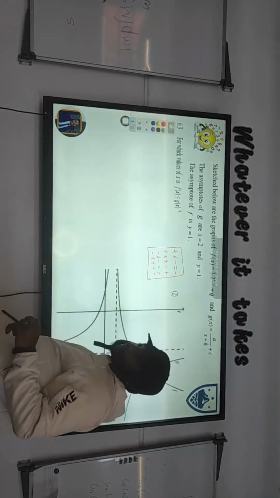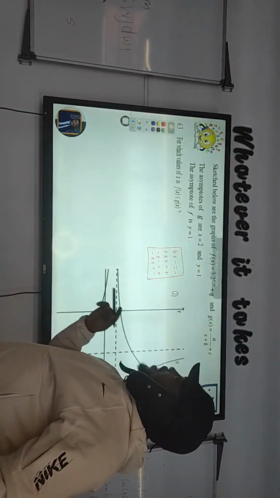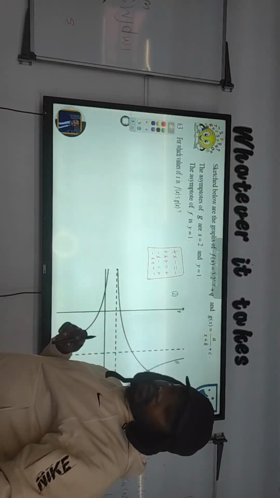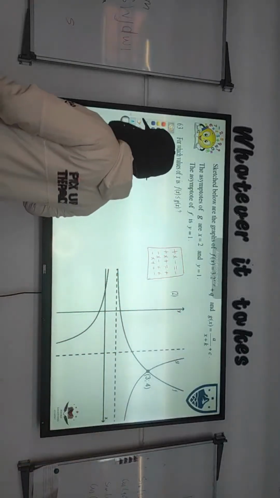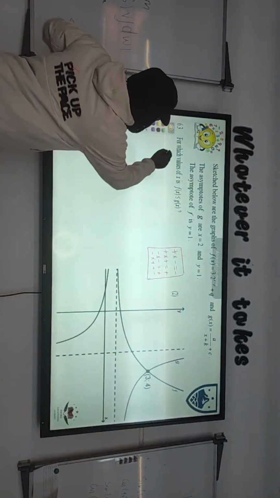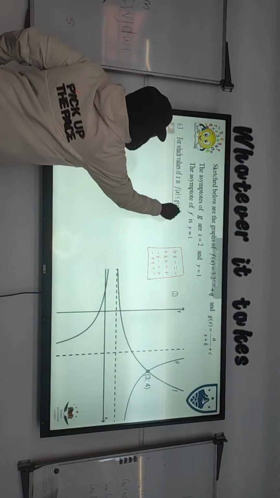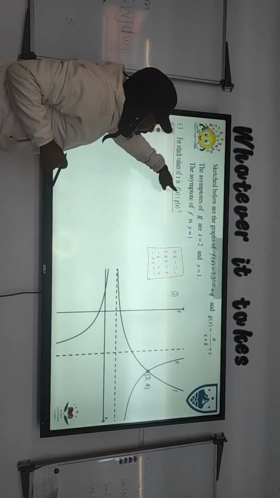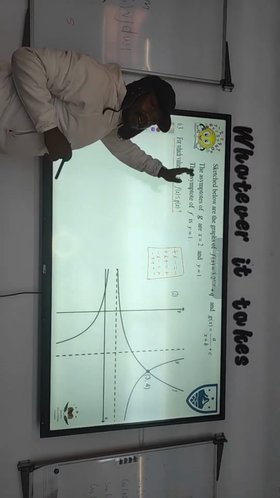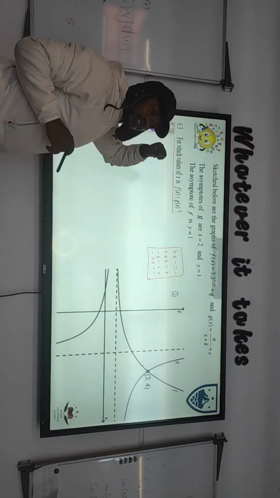And then let us now look at what we are having there. This is saying, for which values of x is f of x less than or equal to g of x.